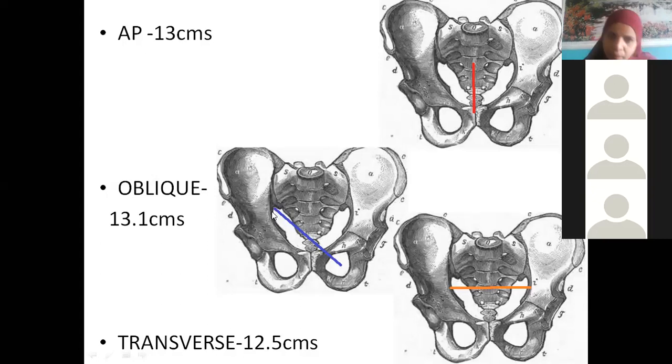We know the name of this plane. Sacroiliac joint. But at the lower part of the sacroiliac joint, are you finding there is one notch here? What is the name of this notch in the hip bone? Greater sciatic notch.